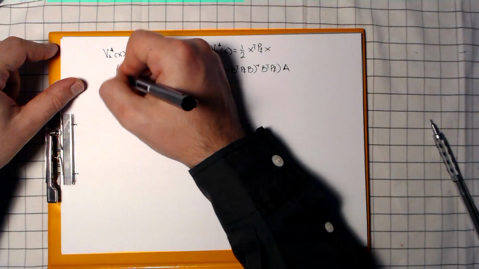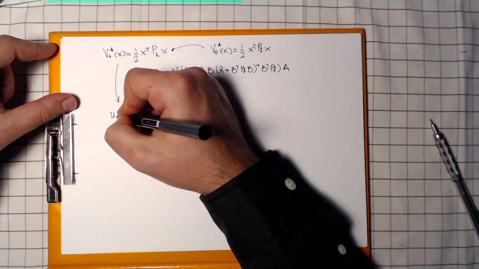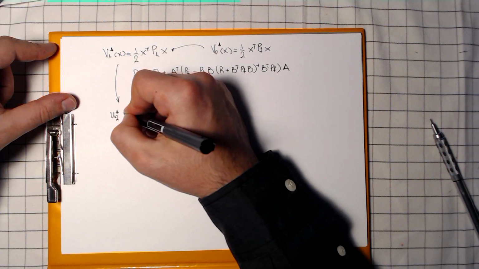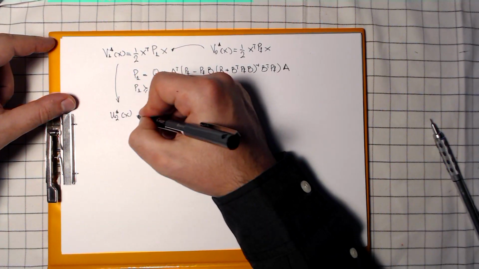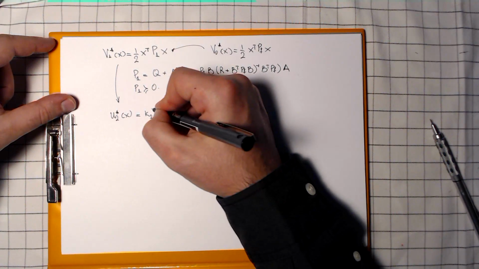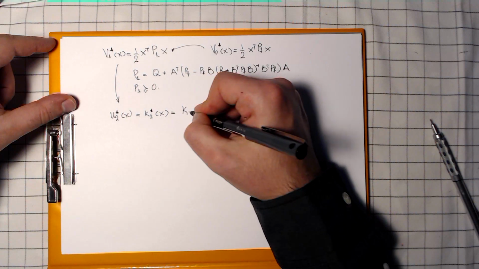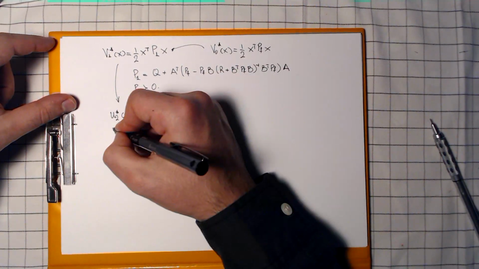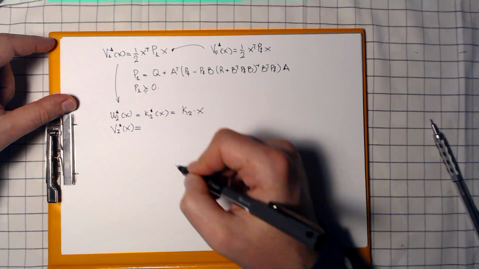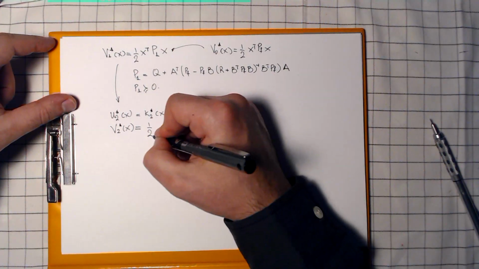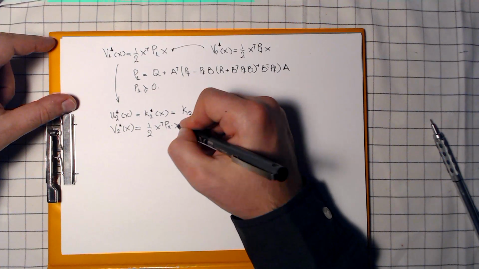And you know what, if you keep doing that, you will find that kappa 2 star of x is given by a matrix K2 times x, and V2 star of x is given by 1/2 x transpose P2 times x.